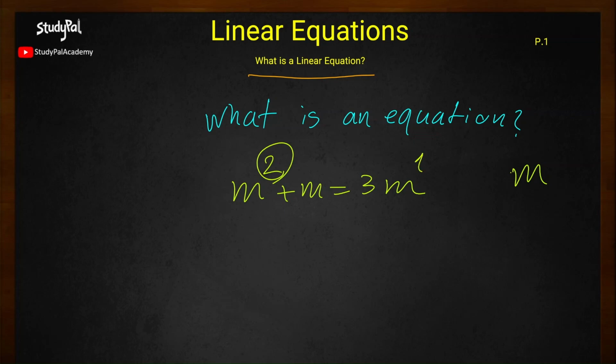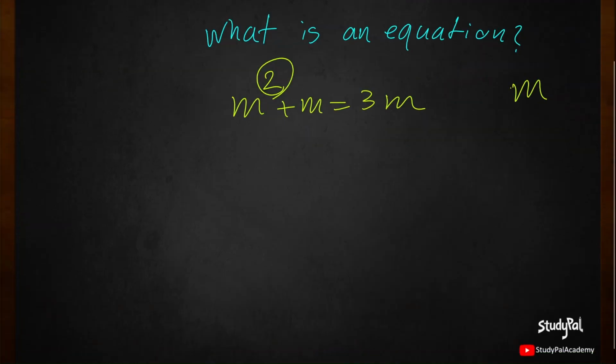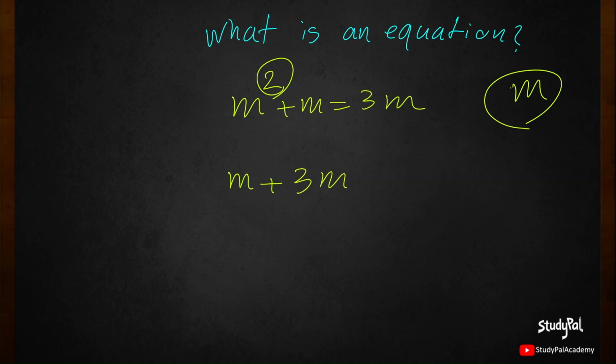You have 1, yes, but the largest is 2. If the largest power of your variable is larger than 1, then your equation is not linear. Linear equations are like this, for example, m plus 3m equals 4. Look for the largest power of your variable. It is 1. So this equation is linear.